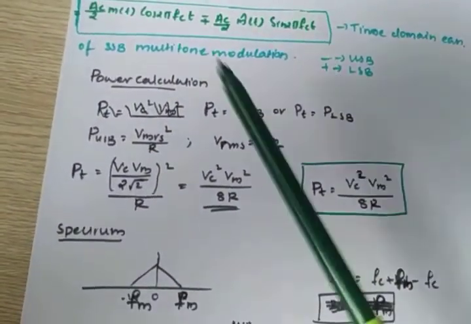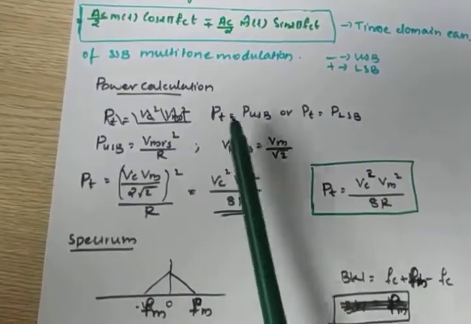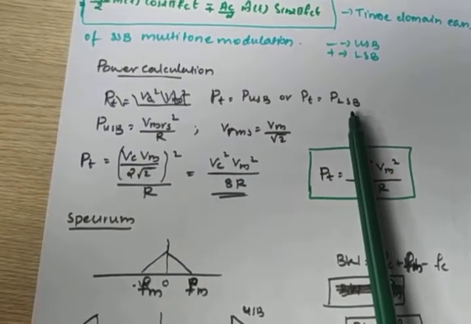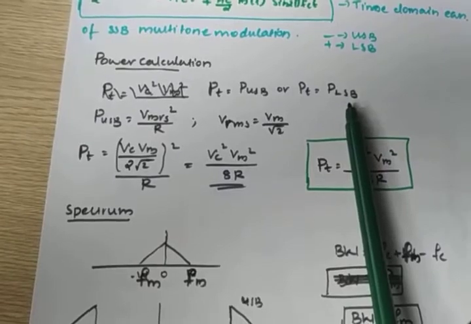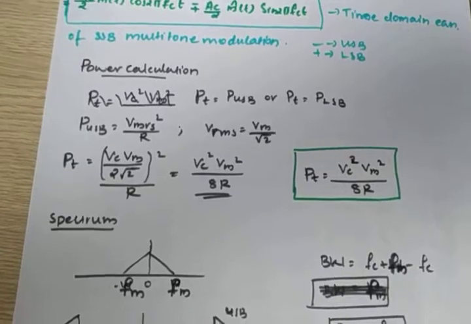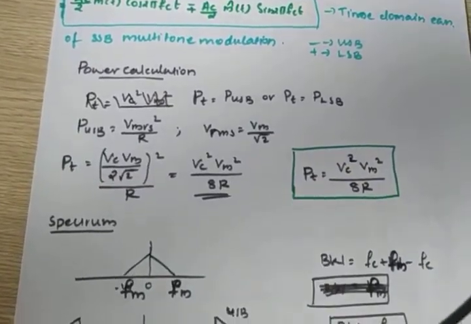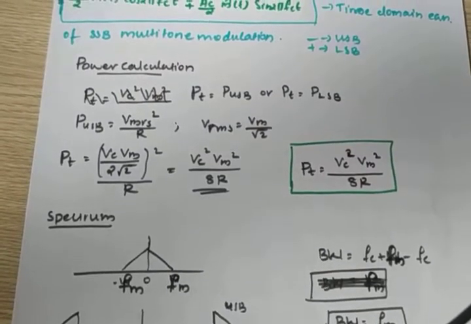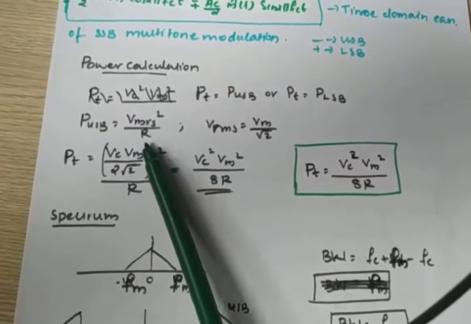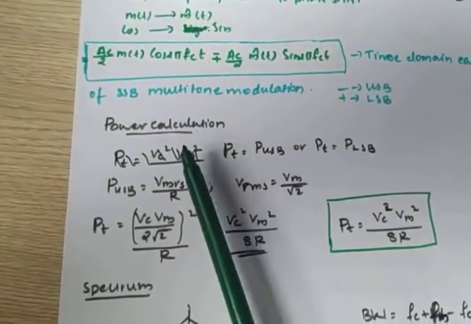Now this is the power calculation for SSB. The total power transmitted is either the upper sideband or lower sideband, because we are transmitting only one sideband. So what is the power of the upper sideband? P upper sideband is Vrms square by R, where Vrms is Vm by root 2.